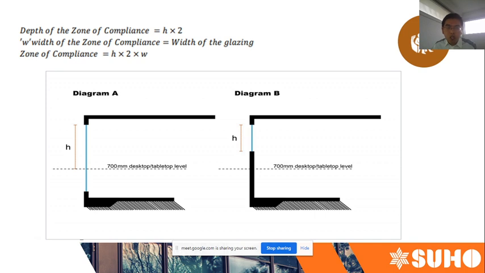It will be the height of the window minus the 700 millimeters desktop or table level. So here you can see on diagram A, it is not the full height. This is the most important thing we should remember. And the width of the compliance zone is the width of the glazing, and the total zone of compliance is the effective height times 2 and times the width.